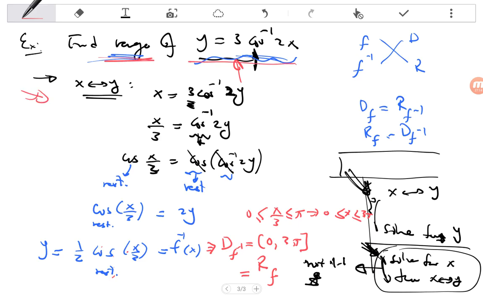But for this problem, I may have another method, and this is suitable if the input of the cosine is a linear function. I have just learned that cosine inverse is a function whose output is from 0 to pi.